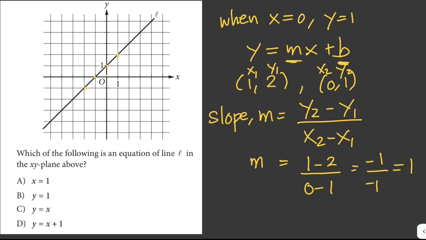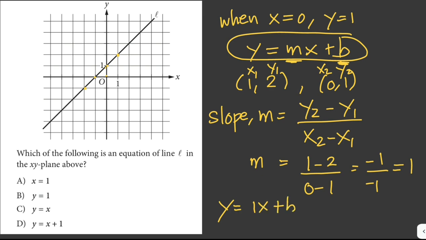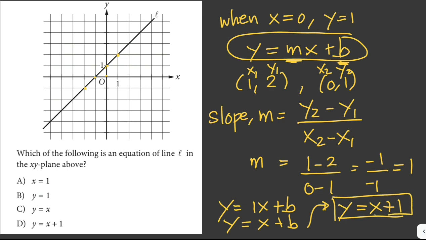Plugging into the linear equation, it will be y equals 1x plus b, or just y equals x plus b. We already knew the value of our y-intercept b, which is equal to 1, so we substitute that here. That is y equals x plus 1. So the equation of line L here is y equals x plus 1.